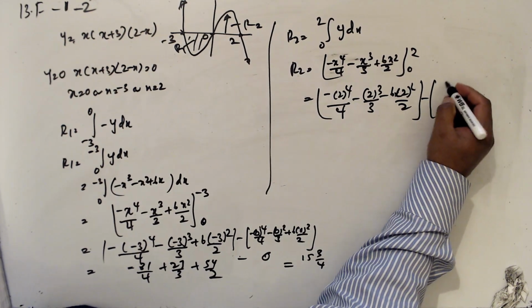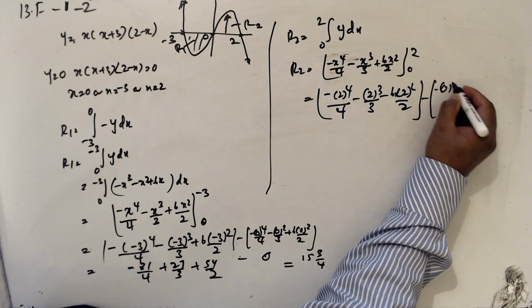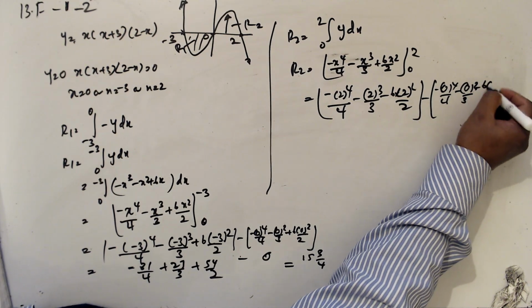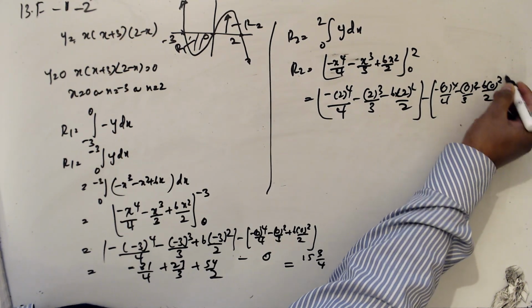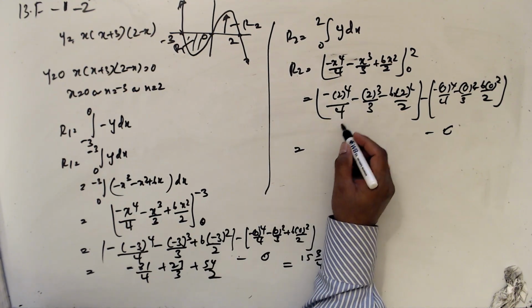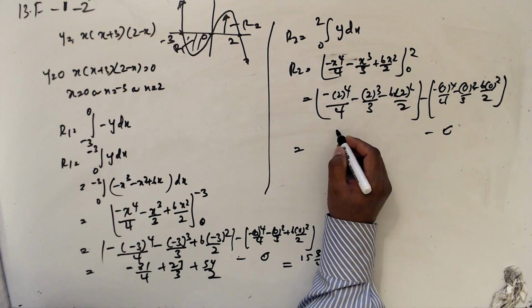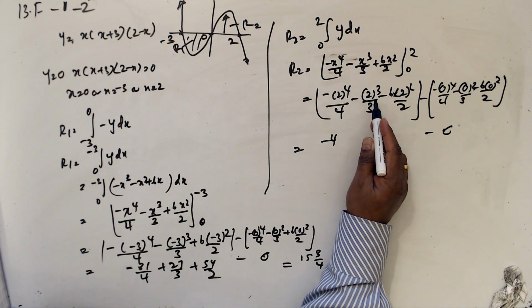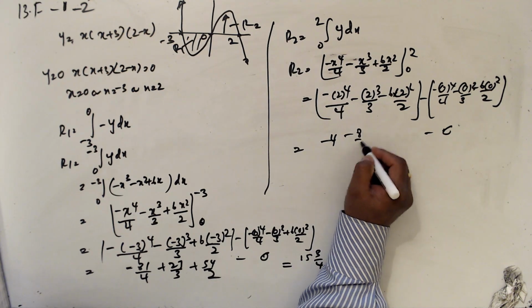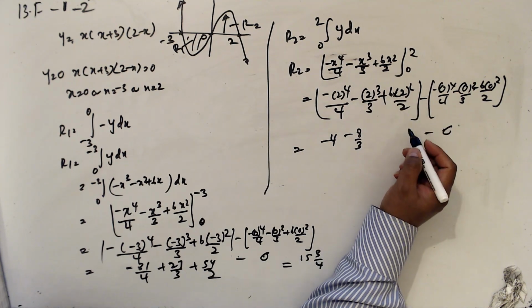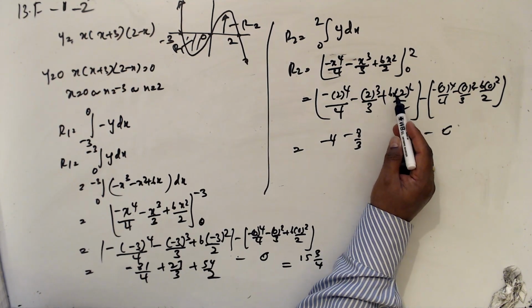minus, minus 0 to the 4 over 4, minus 0 cubed over 3, 6 times 0 squared over 2. So this is all zeros, and this is 16 over 4, and 8 minus 8 over 3, and actually this is positive, 2 times 6, 12.